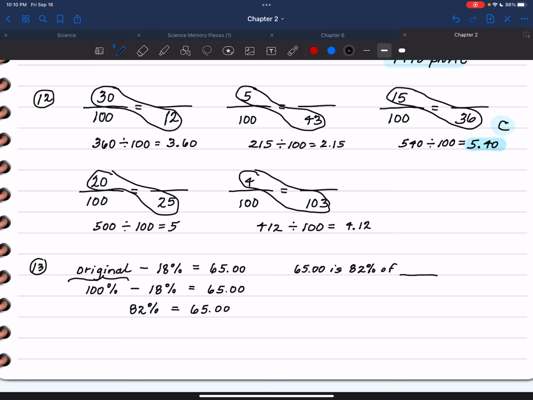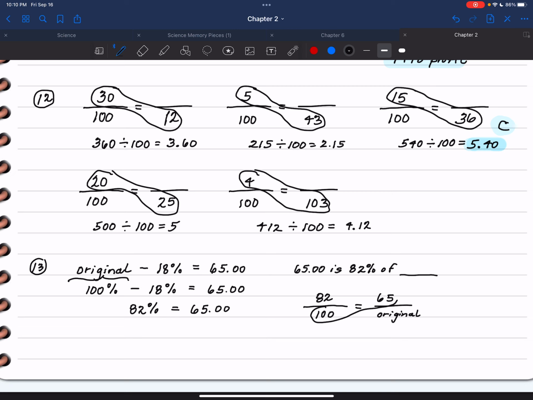What was the original amount? So the proportion will help me here. I'm going to use 82 as my percentage and 100 here, but we don't know the original, so it can't go here. 65 is the discounted amount.